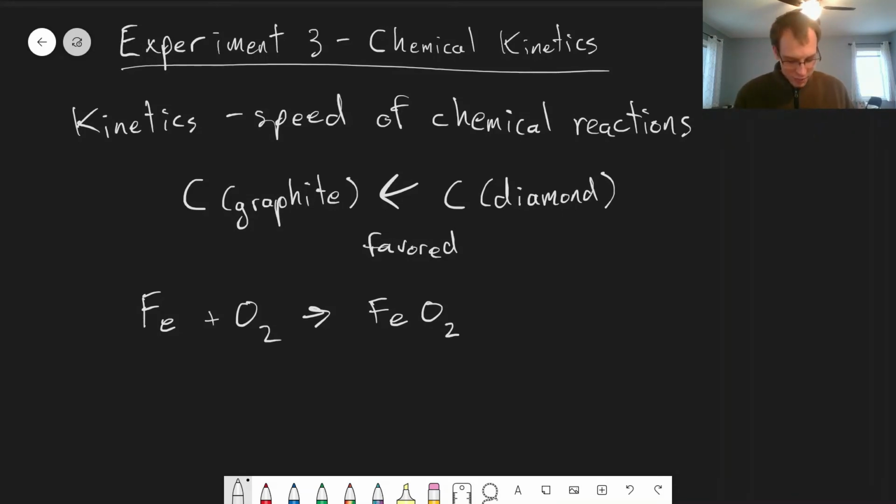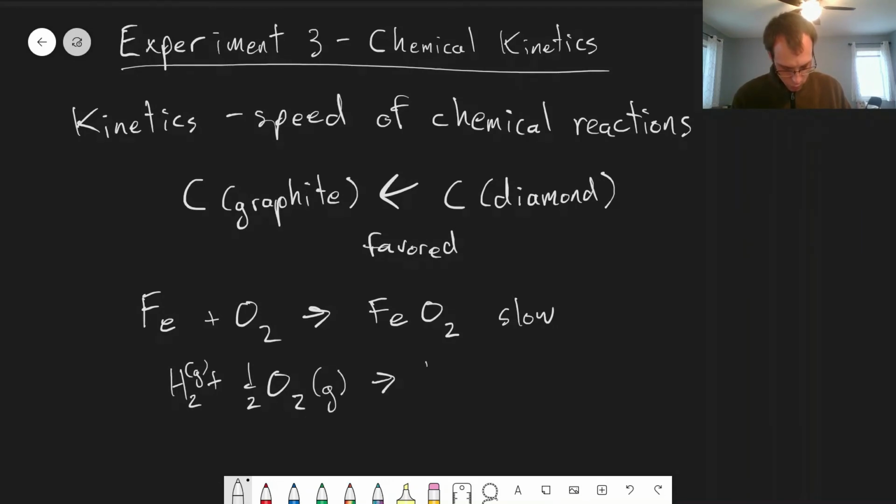But this is a relatively slow reaction, whereas an explosion, something like hydrogen plus oxygen forming water, is a very fast reaction and is used in rockets to send rockets to space. So speeds of reaction are really important, and chemical kinetics is all about measuring that quantitatively.